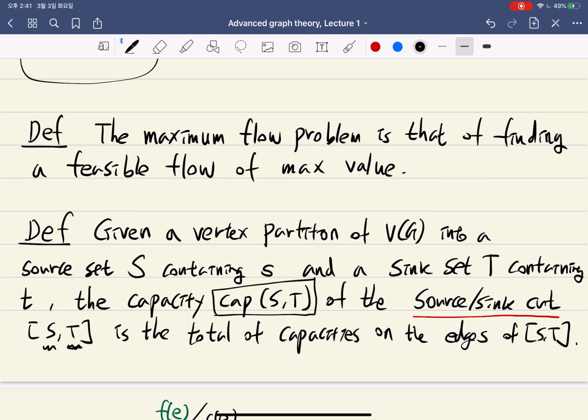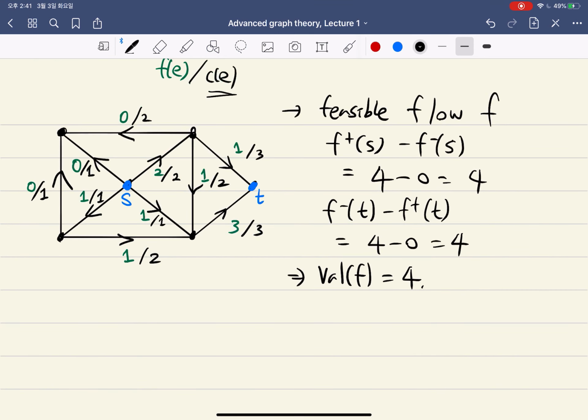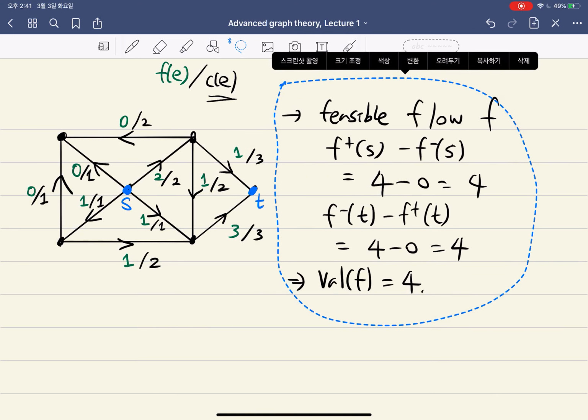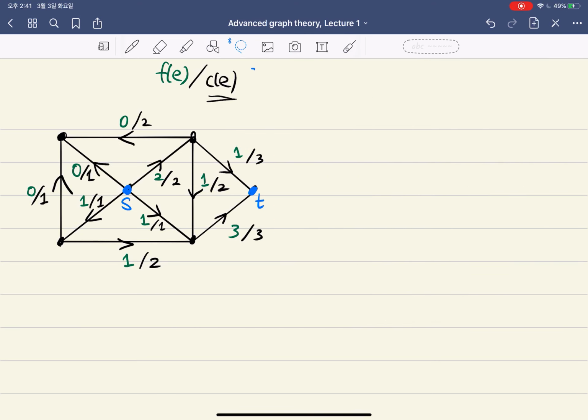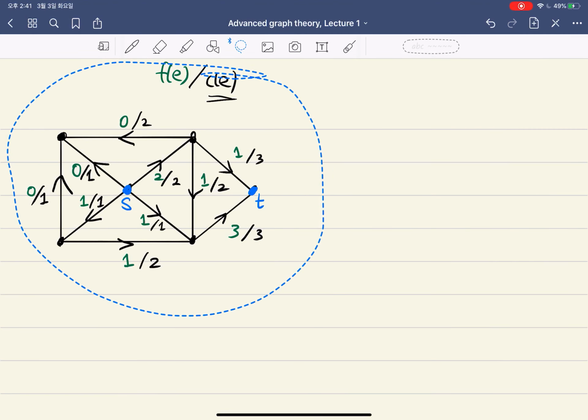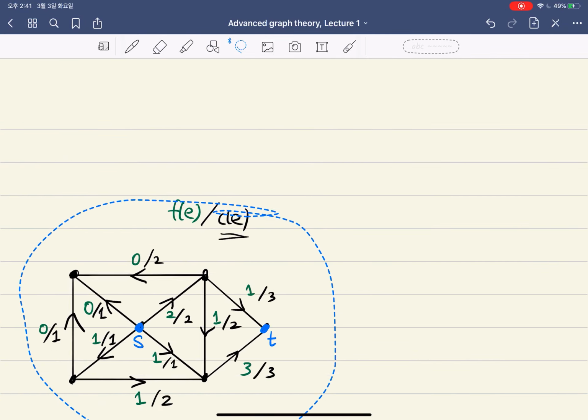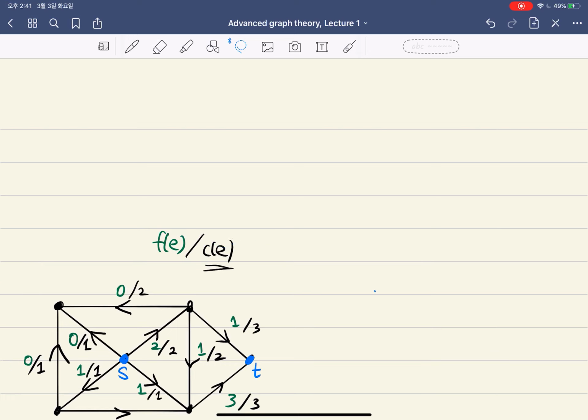So we consider this capacity of the cut, because that's quite useful in the sense that it provides some upper bound on the value of flow.